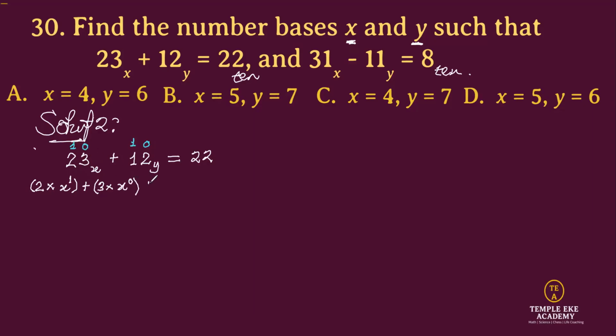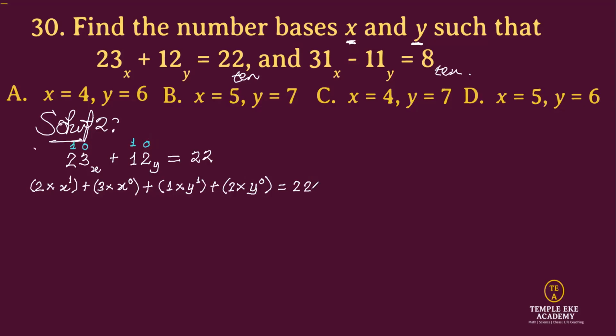Plus the next digit, 1, has to multiply the base y, raised to the power the number written on 1, which is 1, plus the last digit, 2, multiplied by y, the base, raised to the power 0. All of this equals the right-hand side, which is in base 10 already, so we maintain it as 22.